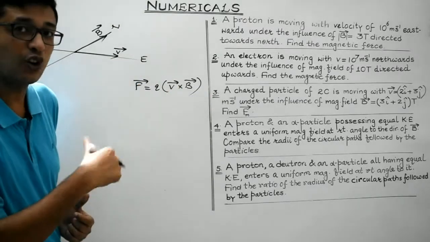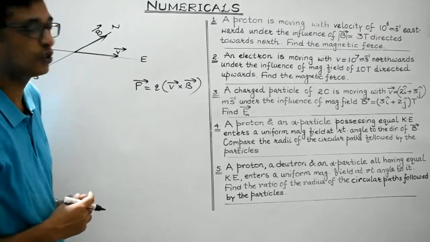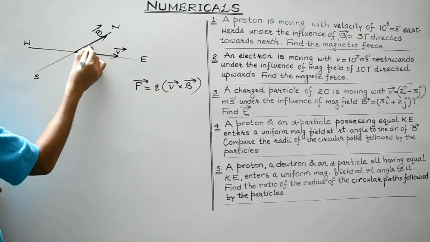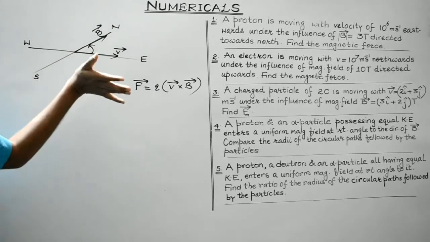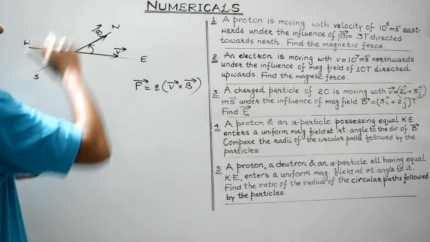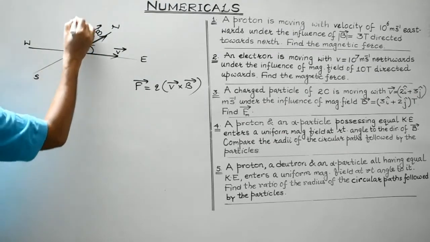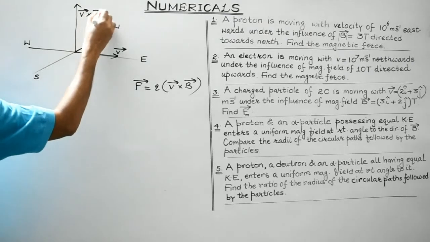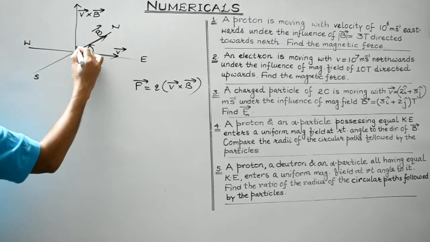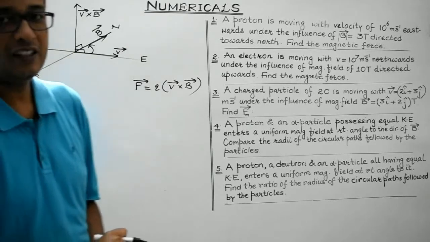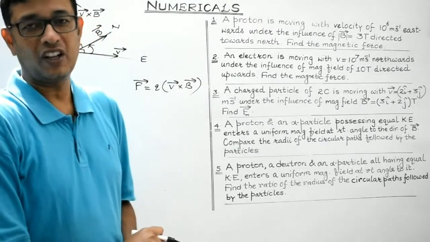So V cross B, let's get the direction of V cross B. The angle is to be measured from V to B like this, east to north like this. So the thumb is pointing in the upward direction. So this must be the direction of V vector cross B vector, which is perpendicular to both the direction of the magnetic field as well as the direction of motion of the charged particle.